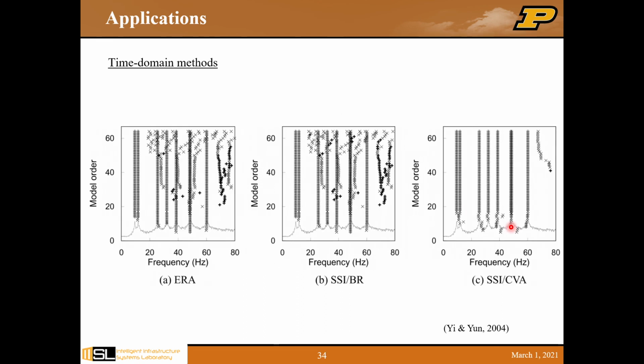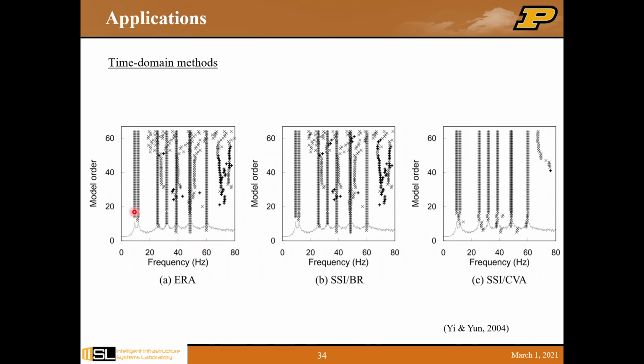All right. So for time domain methods, let's first look at the stabilization diagram, because the other time domain method doesn't have a stabilization diagram. So here in the paper, we only have the stabilization diagram for ERA, SSI, BR, and SSI-CBA. As you can see here, they did a very good job of identifying all of the 8 modes.